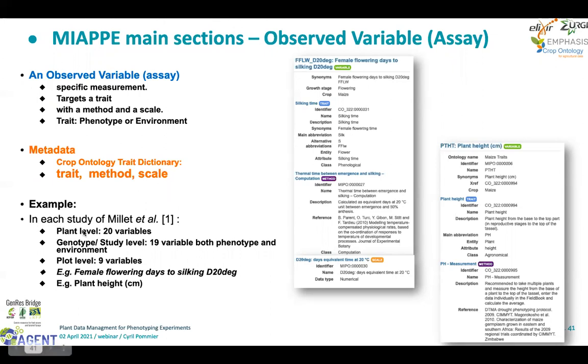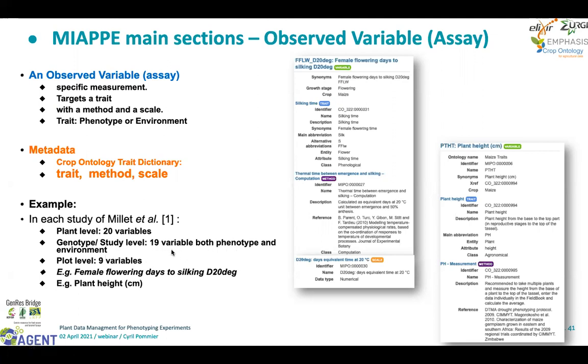For instance, in each study of millet and maize, at the plant level, you've got 20 variables. And at the genotype study level, so a mean statistical transformation from the plant level to each genotype, to each accession, you've got 19 variables, including both phenotypes and environment.